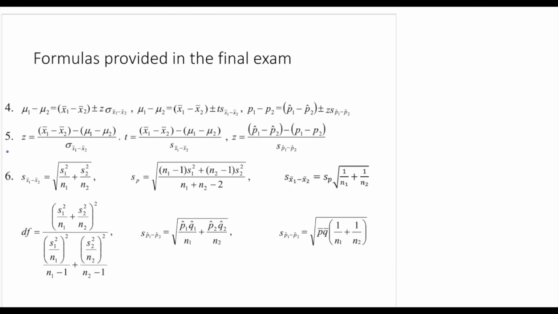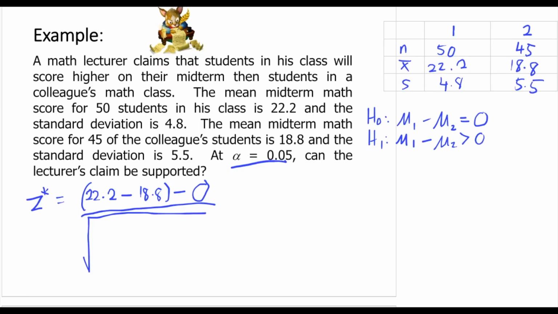Yes, we have the test statistic here. Okay. So sigma x bar 1 minus x bar 2 is this one. It's just that we substitute sigma with s1 square over n1 plus s2 square over n2. So s1 square over n1 plus s2 square over n2. This gives us 3.1942.